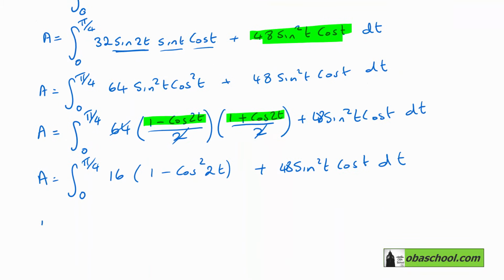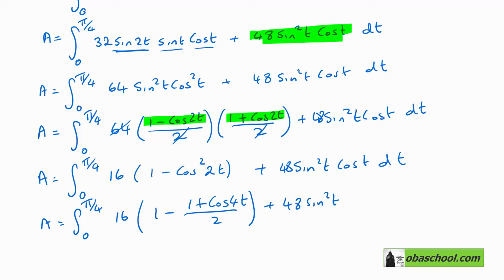So that's going to be the integral from 0 to pi by 4 of 16, 1 take away 1 plus cos 4t divided by 2, and then plus the 48 sine squared t cos t dt.